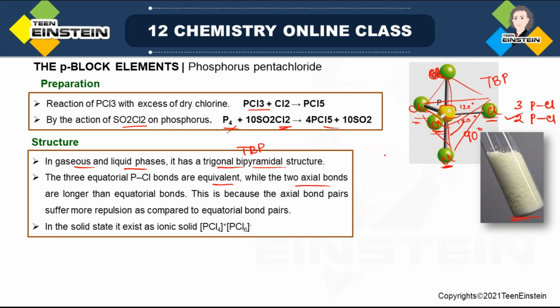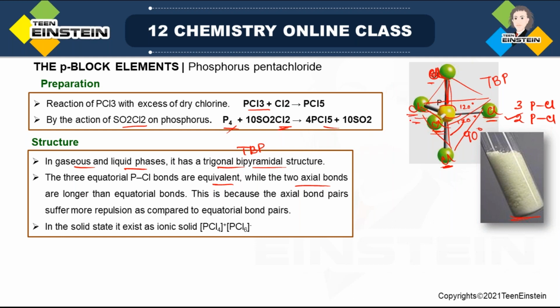That means there will be bond pair electron repulsion. Similarly, the other axial chlorine atom also has 3 chlorine atoms at 90 degrees. So it will also face bond pair repulsion. So to avoid that repulsion, the distance between Cl and P will increase.